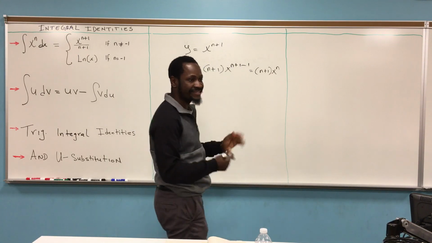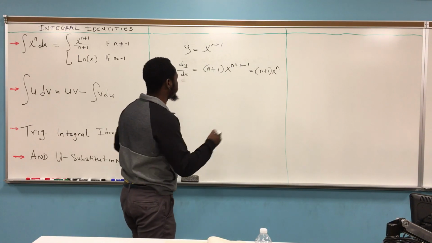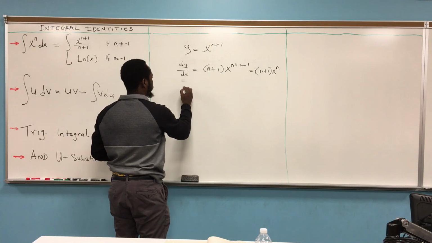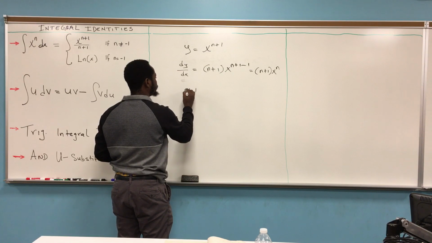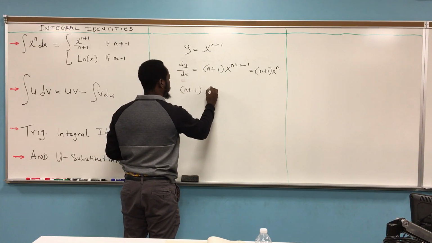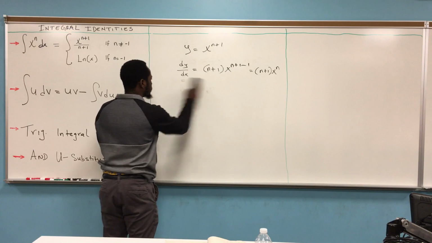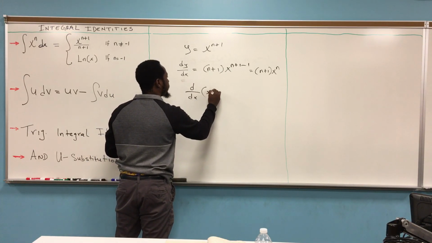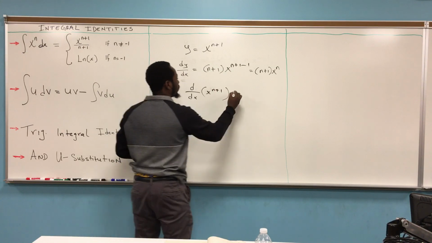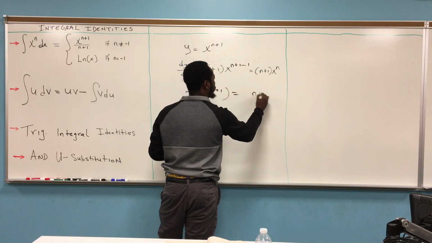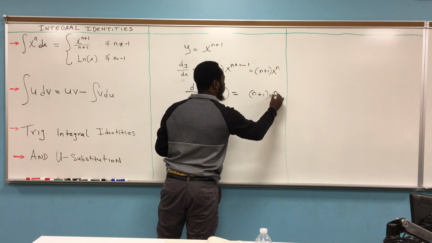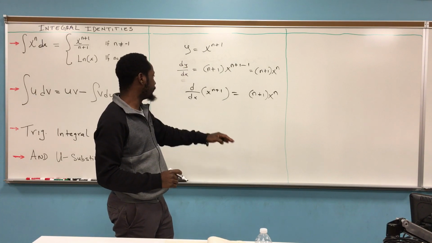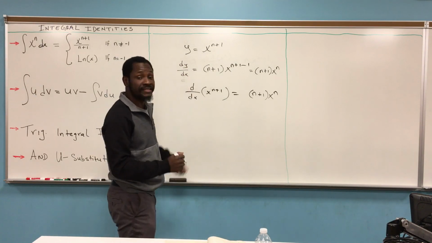So what this means in essence is that if you have the derivative of x to the n plus 1 is equal to n plus 1 times x to the n, then by integrating both sides, you will get the antiderivative.